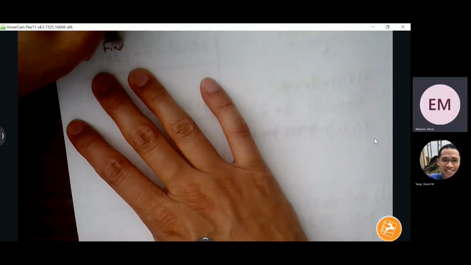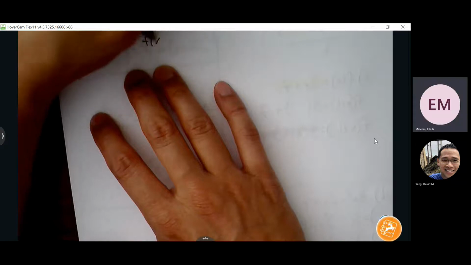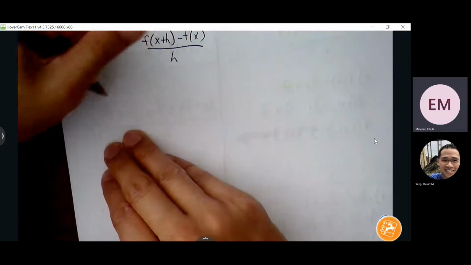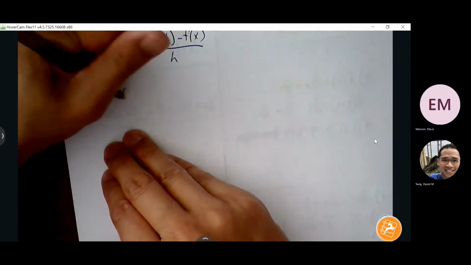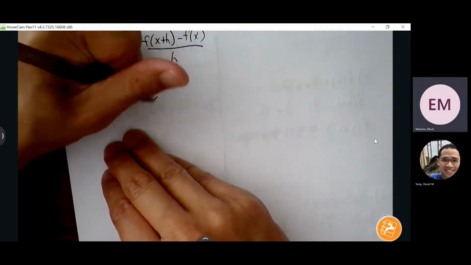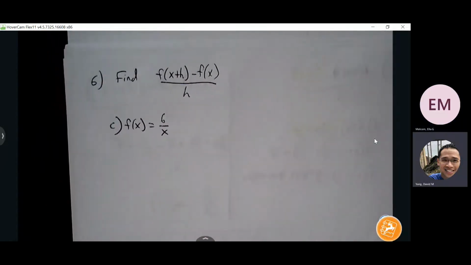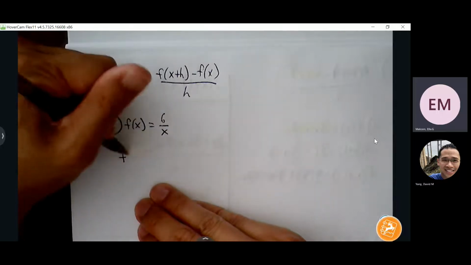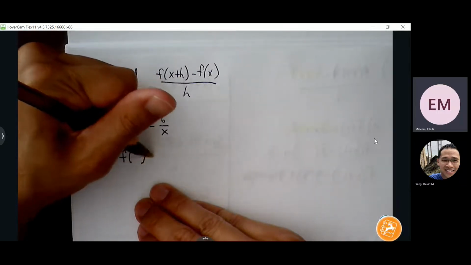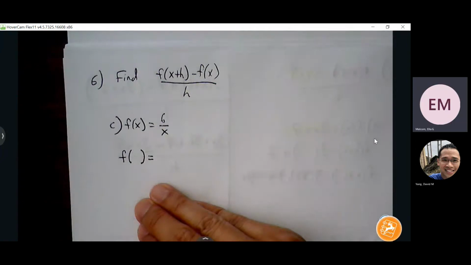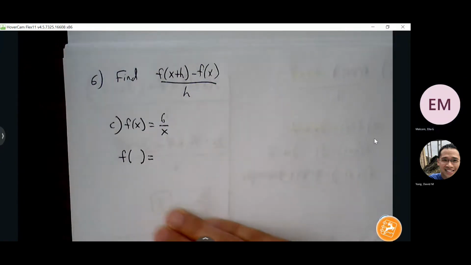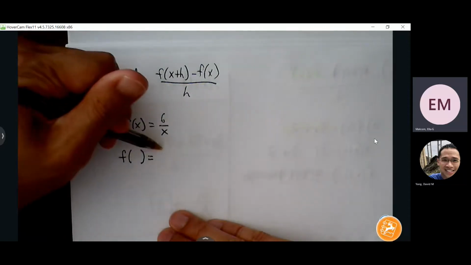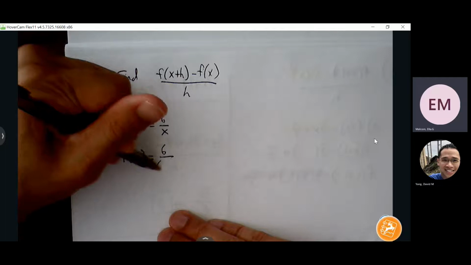Same thing as A and B. We know our f of x is going to be equal to 6 over x, and our f of x plus h is going to equal 6 over x plus h.